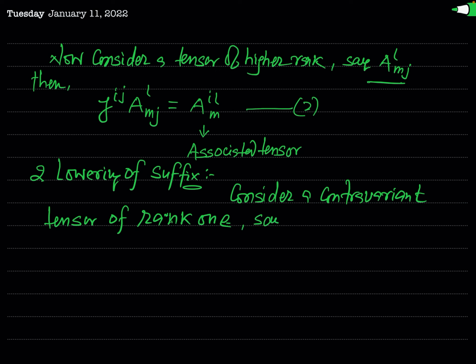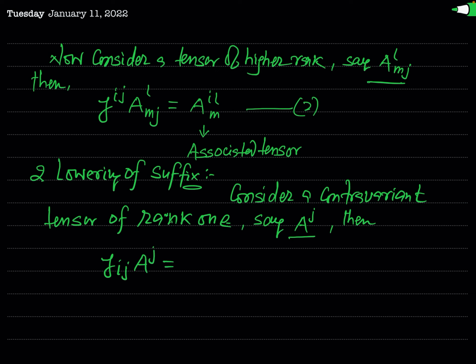Let us say this contravariant tensor of rank 1 is A super j. Then if you want to lower this superscript j, what do we have to do? In this case, we will take the inner product of this given tensor A super j with the covariant fundamental tensor G sub ij.